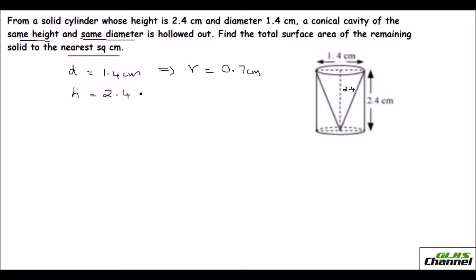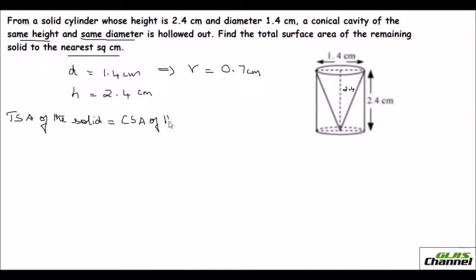So this is simple. Only thing is you should understand how when they ask you for the total surface area, which all you should take. Okay, so now I would write the surface area. The total surface area of the solid is equal to the curved surface area of the cylinder, right?